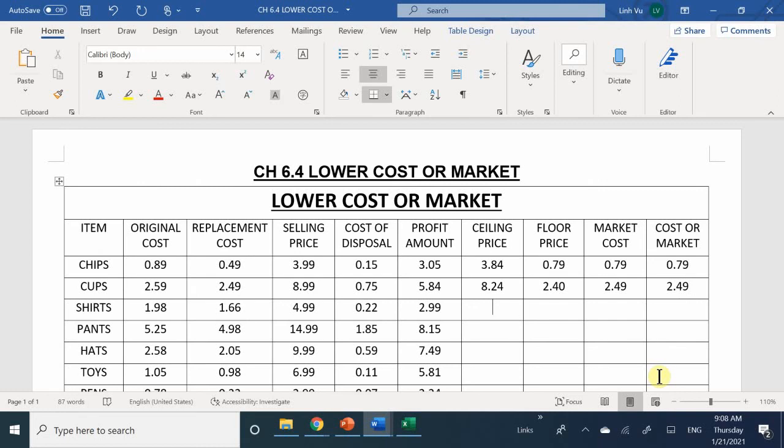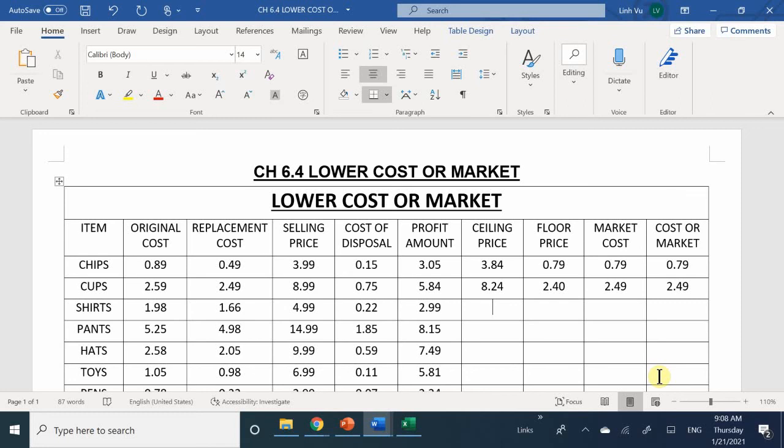Now for this example, we have shirts. I originally bought them at $1.99, and now the market says $1.66. I sell each shirt at $4.99, it's going to cost me 22 cents each to dispose of it, and I want to get at least a $2.99 profit.